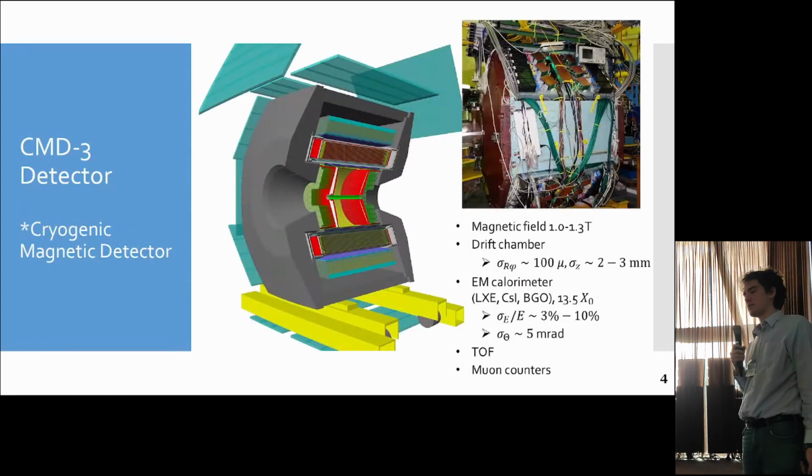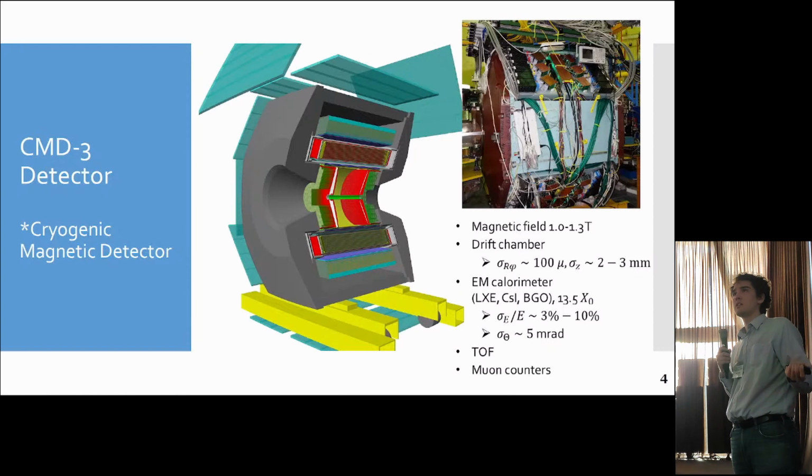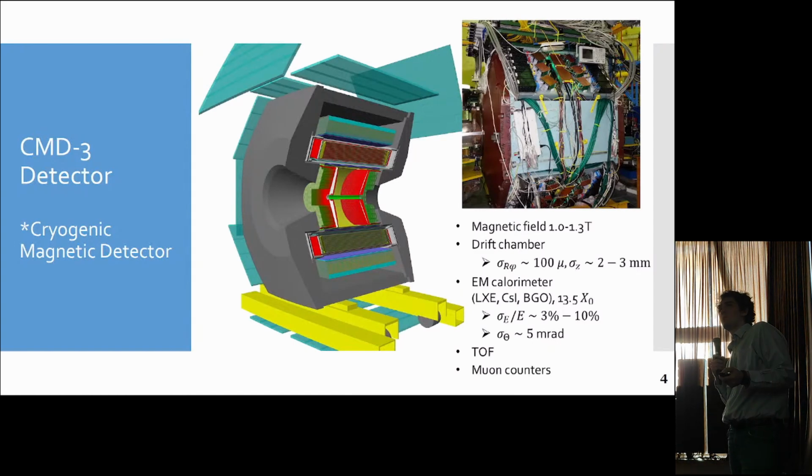The CMD-3 detector is a universal cryogenic magnetic detector. It has a magnetic field of 1.3 Tesla. It consists of a drift chamber, an electromagnetic calorimeter, a time-of-flight system, and muon counters. The drift chamber is axial, with charge partitions.